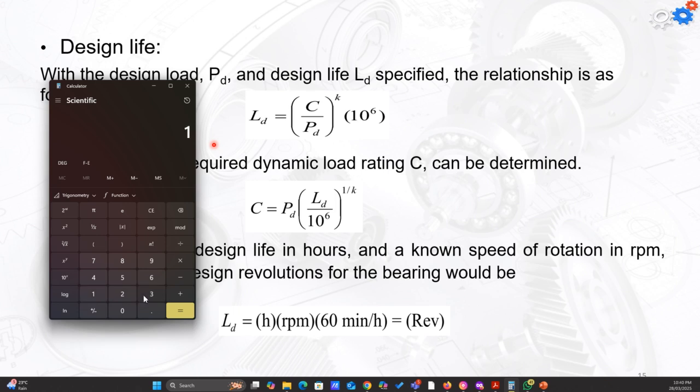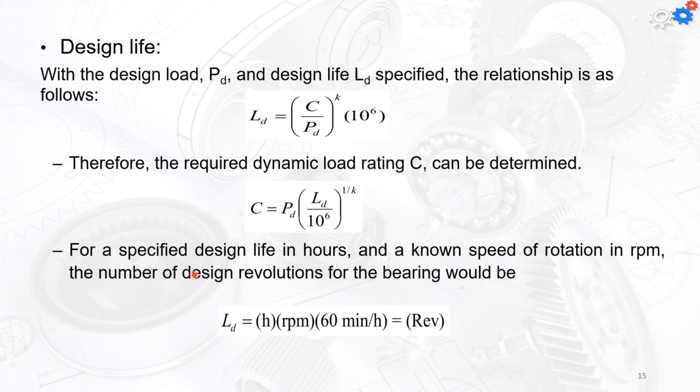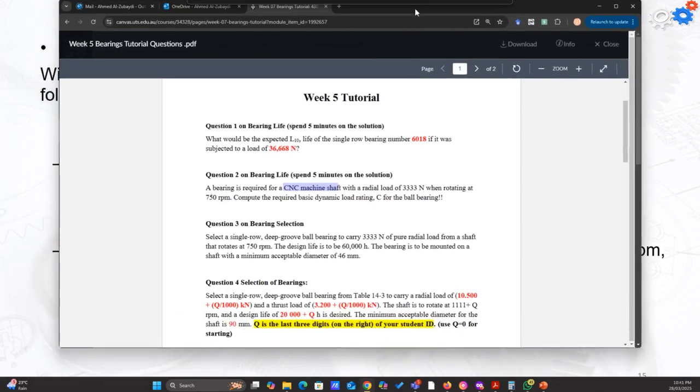So I'm going to do it as 1,350 up to power 0.3334, and then multiply this value by the PD, which is 3,333 Newton, and this will give me 36,854 Newton is the answer, or 36.854 kilonewton. So it was an easy question so far. We can do that in 5 minutes.